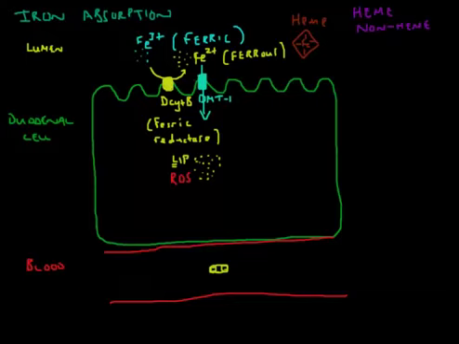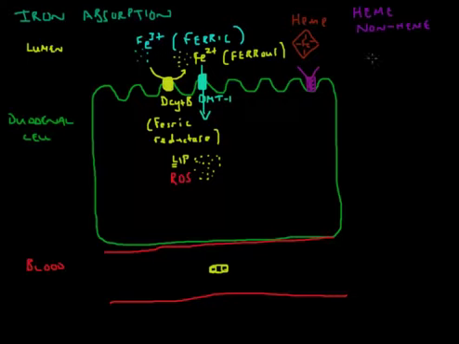Now, why do I say something? The reason is because we're not exactly sure what this is. So let's just say there's some kind of a receptor here for this heme protein, something that it can bind to that will allow it to get into the cell.